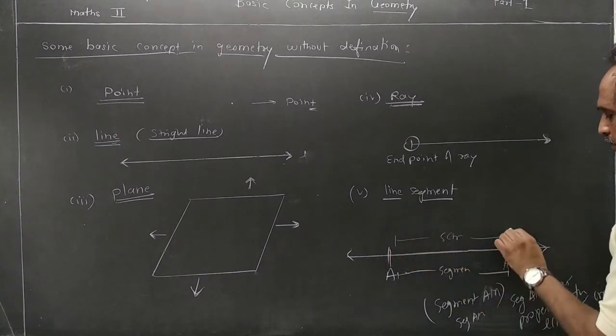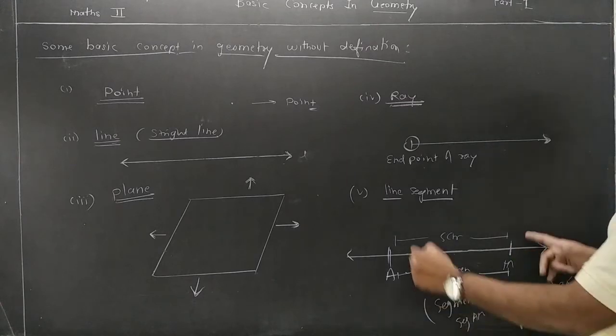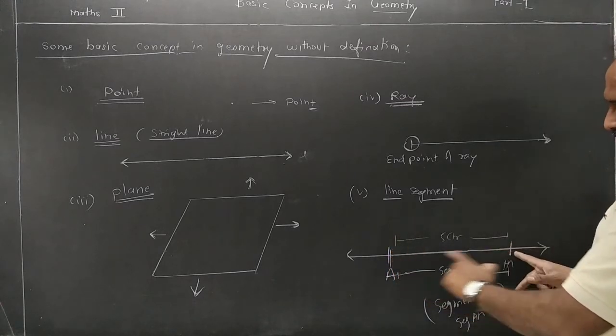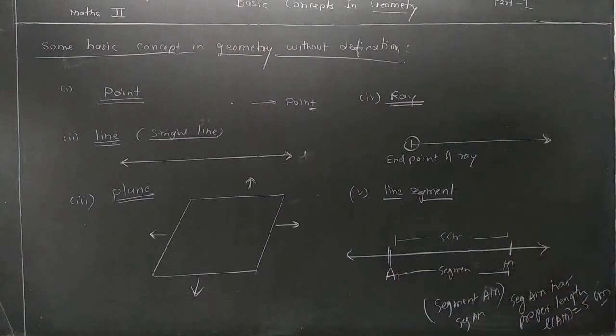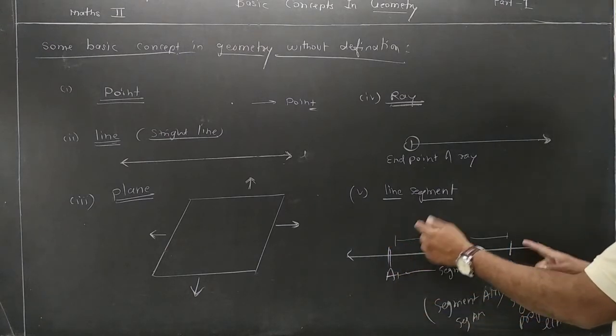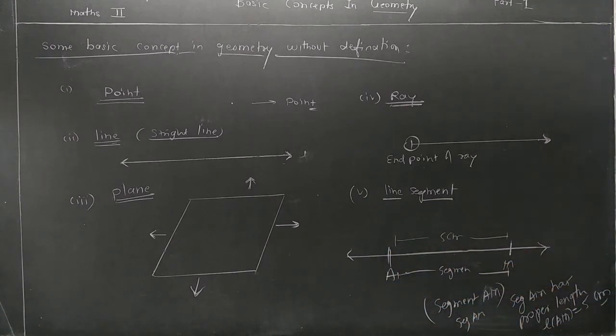It has proper length, but it is a part of a line. Any 2 points on a line and the set of points in between them is called what? Segment, and it is noted as segment AM. AM has proper length, and length AM is equal to what? 5 centimeters. These are the basic things we have studied.